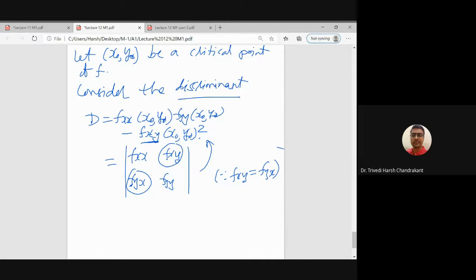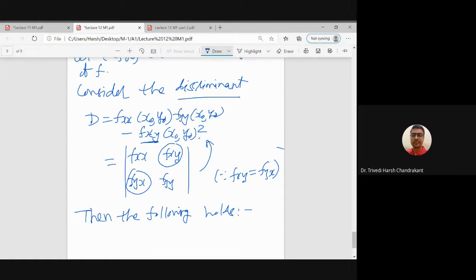So we have a discriminant D, and in terms of D we now have the second derivative test. So let us write down on the next page.